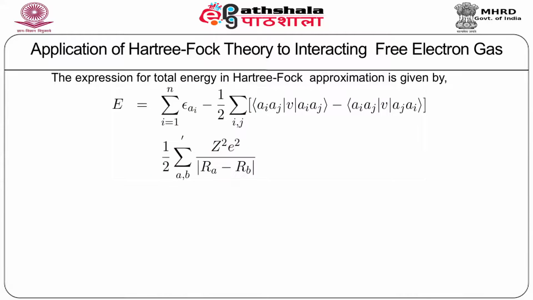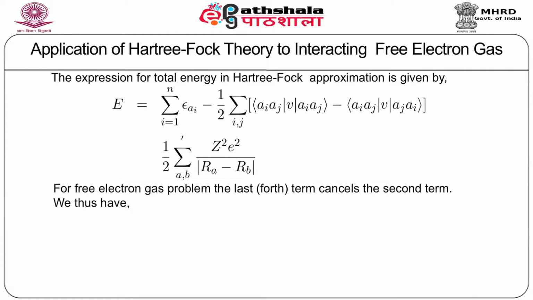So these three terms were already there in the Hartree theory, and the new contribution is this one. For the free electron problem, the last, that's the fourth term, cancels the second term as we have seen in case of the Hartree theory. Thus, we have the contribution from the first and the third term.